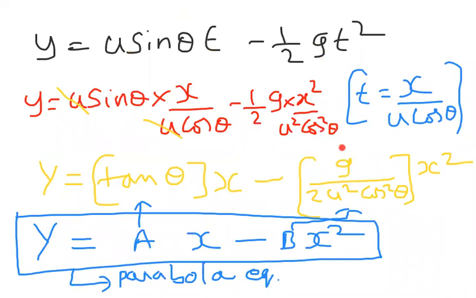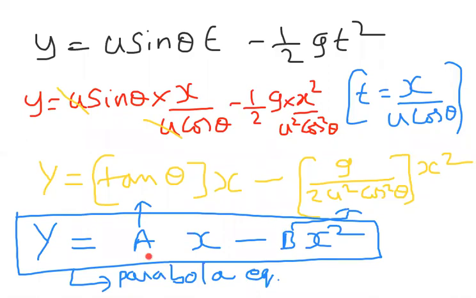So I finally got y equal to tan theta into x minus g by 2 u square cos square theta into x square. Now if I observe this equation, y is there, x square term is there. Y and x square term means definitely it must be a parabolic path. So let me take tan theta as constant a, and g by 2 u square cos square theta as constant b.